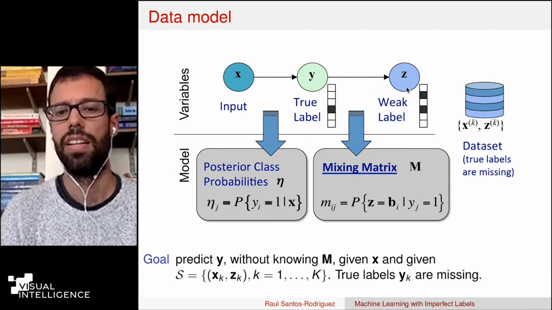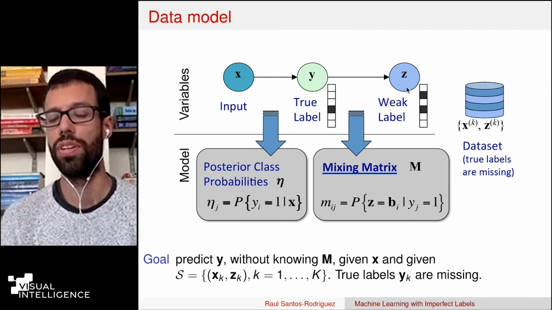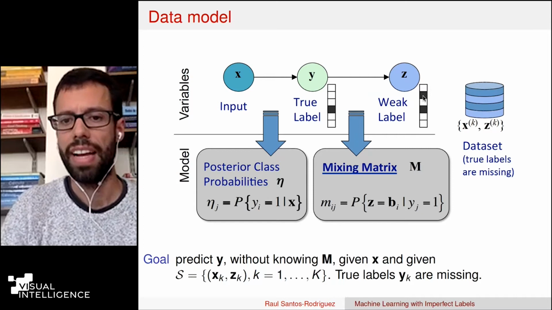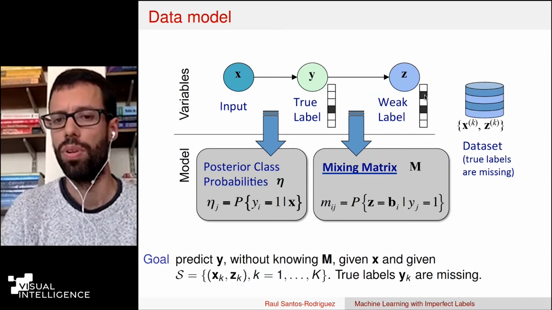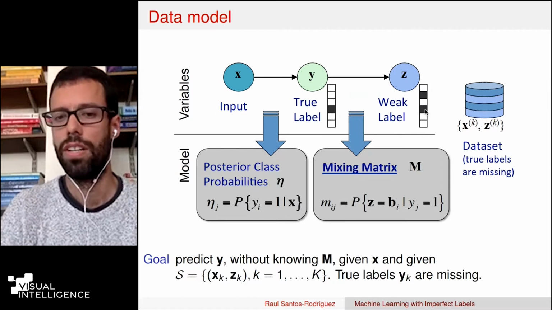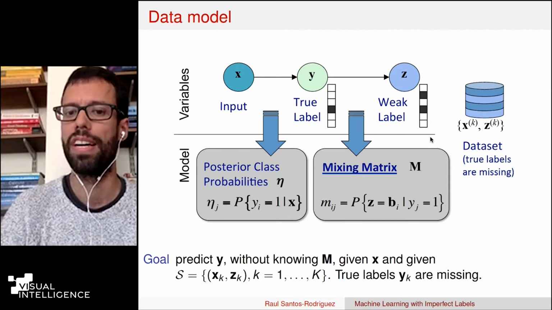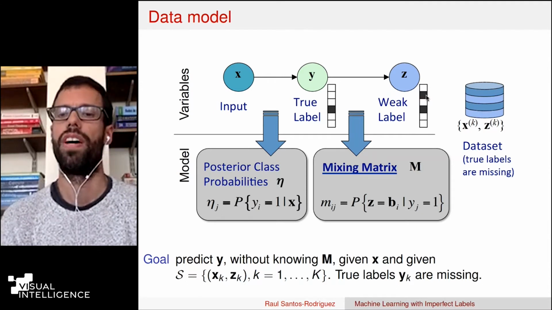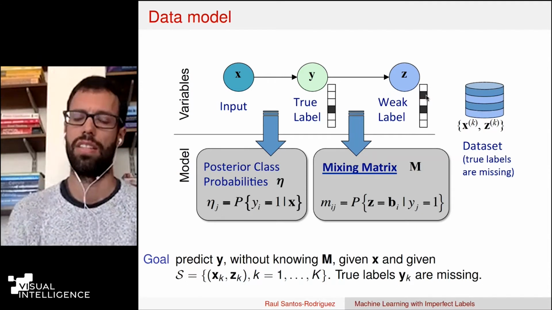And z is the weak label that we do observe, that in this case comes as an extra label that is given to us apart from the true one. So it's quite an informative vector still, but there is something here that we need to understand how to deal with.